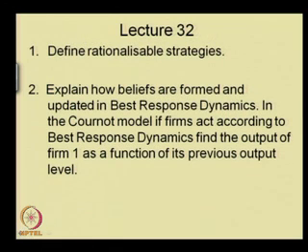Explain how the beliefs are formed and updated in best response dynamics. In the Cournot model, if firms act according to best response dynamics, find the output of firm 1 as a function of its previous output level.